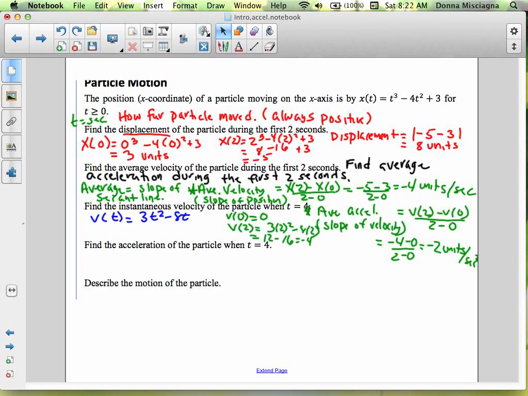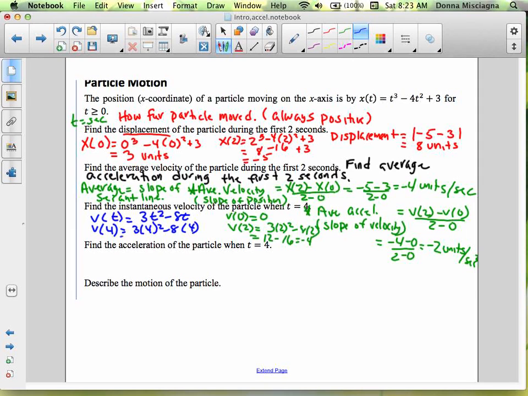The average rate of change is always the slope of the secant line. For the instantaneous rate of change, we take the derivative and plug directly into the derivative. So v of 4 is 3 times 4 squared minus 8 times 4.